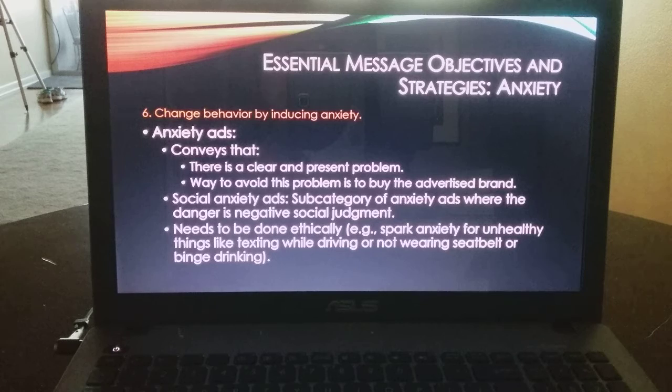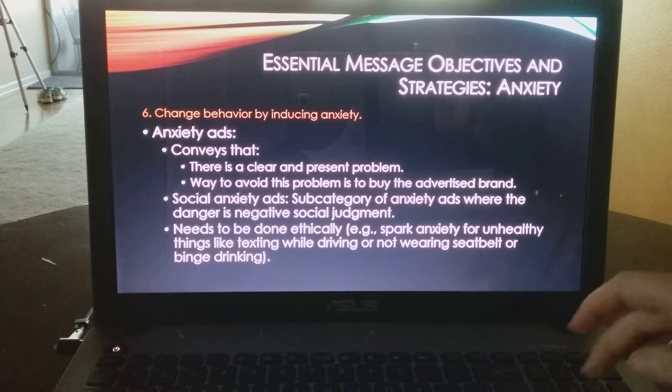So you want to show that you are addressing some levels of social anxiety, but you don't want to make people feel bad about themselves. One that's very popular is driver safety: texting while driving, drinking while driving, not wearing a seatbelt, all those kinds of things, which are important messages for people to hear, but you don't want people to feel too bad about themselves as they watch it.